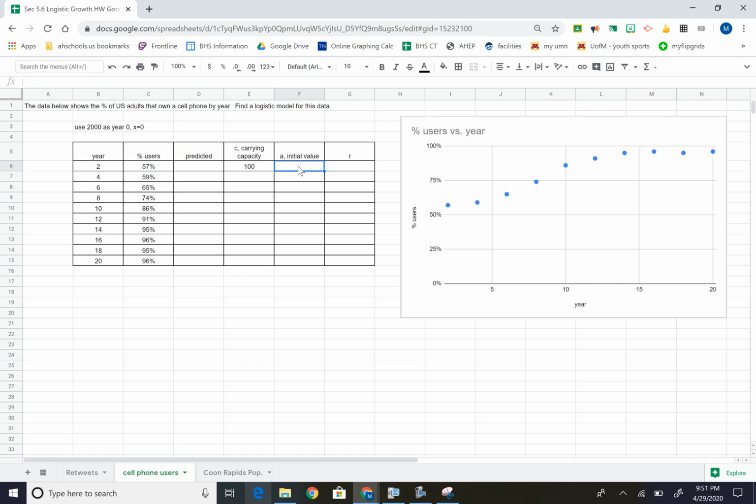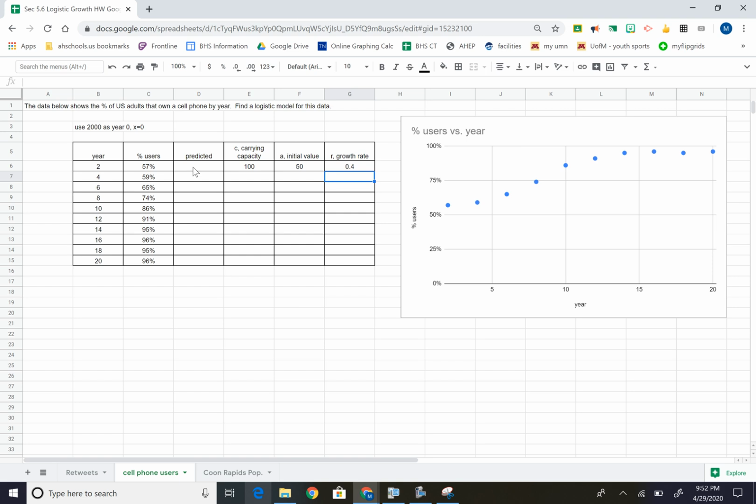So you might think that we would type in 50 here, but that's not necessarily the case. But let's just leave it at 50 and let's see what happens. And then our R value really relates to the growth rate. The higher it is, the faster it grows. This is a complete guess. It's usually a decimal, so I'm just going to go 0.4 just for fun.